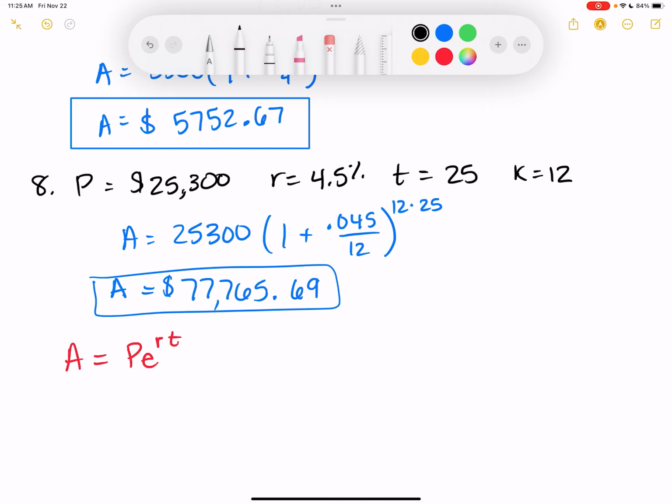So these say find the amount A accumulated after investing a principal P for T years at interest rate R compounded continuously. So number 10, we have P equals $3,350. R is 6.2% and T is 8.